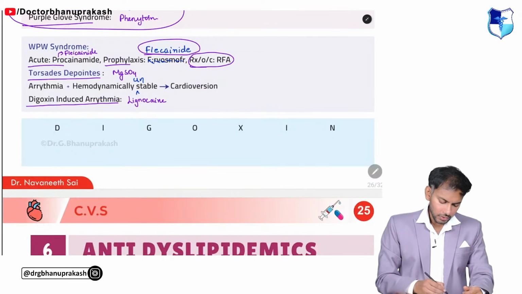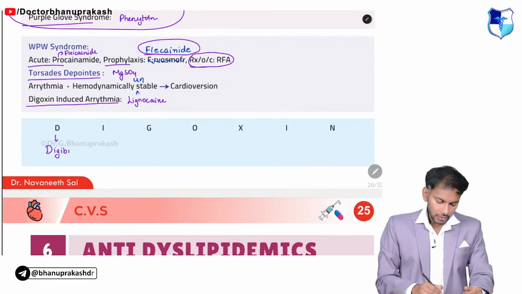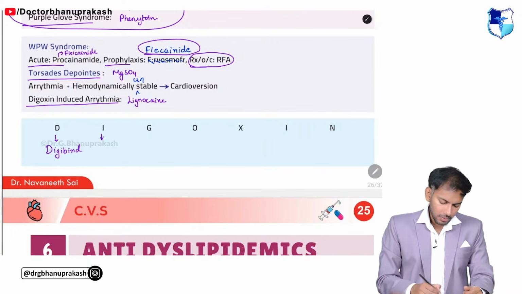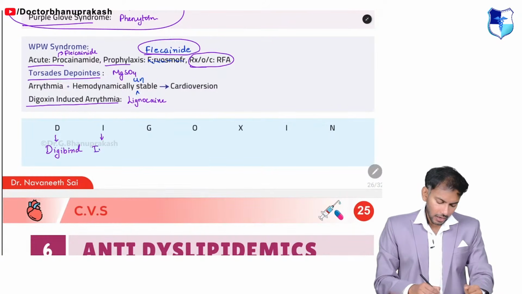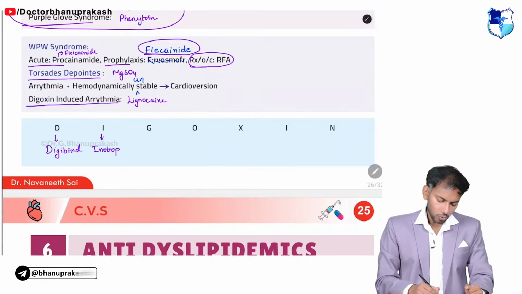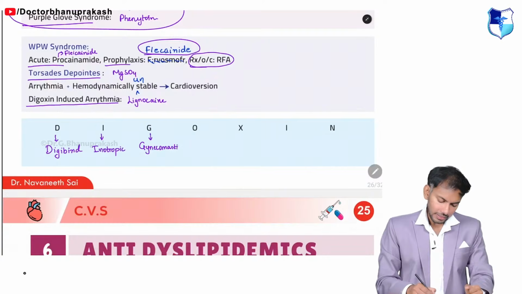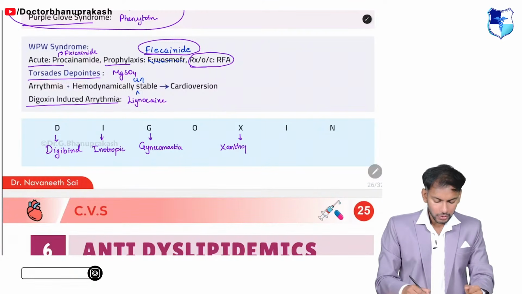With digoxin, what are the things that you have to remember? Digoxin, what is the antidote? It is digibind. What is the mechanism of action of digoxin? It is an inotropic drug. It will also cause side effects like gynecomastia and xanthopsia, yellow greenish vision.